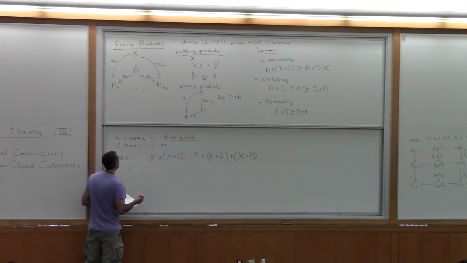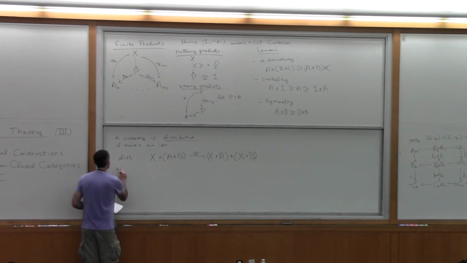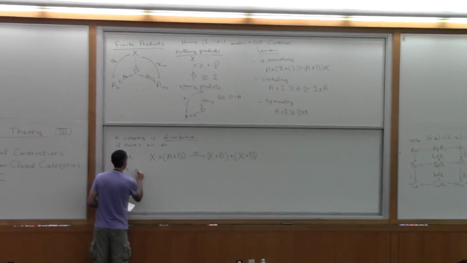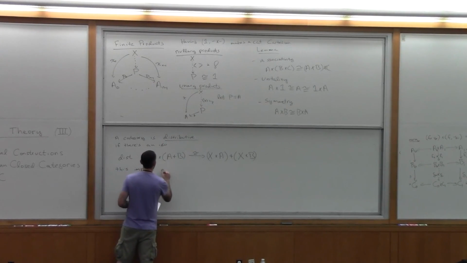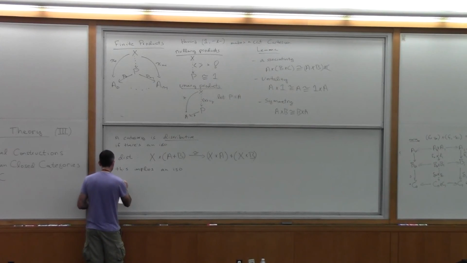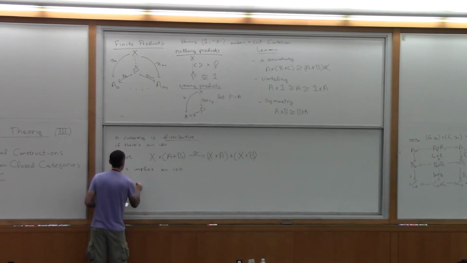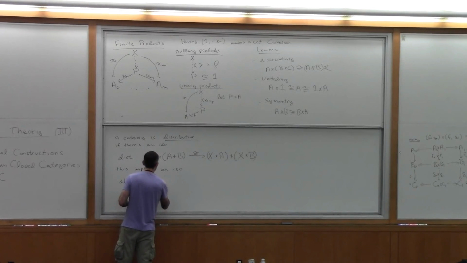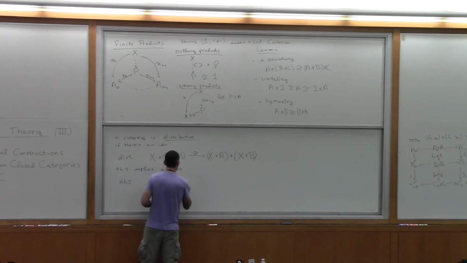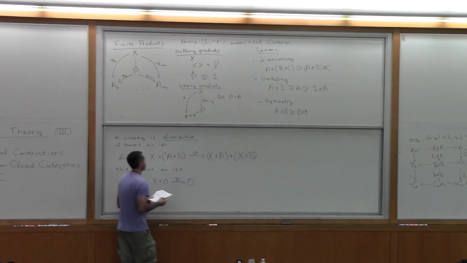So it turns out that this implies, although it's not obvious, that there is an iso, which I'll call ABS. So this is for distributivity. This is for absorption. Okay?